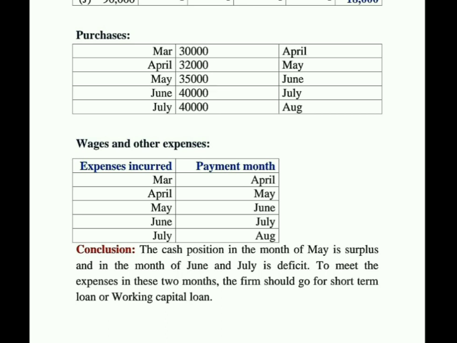If there is a surplus, no need to worry about that. But if there is a deficit of cash balance, then immediately the firm should overcome that problem to meet their expenses in the organization. So the main intention of the cash budget is to forecast or estimate the position of cash balances for a particular period of time.